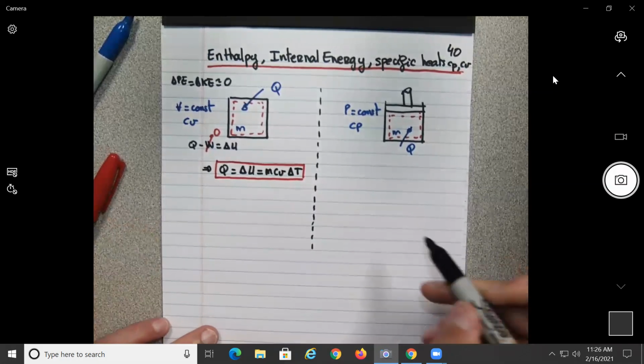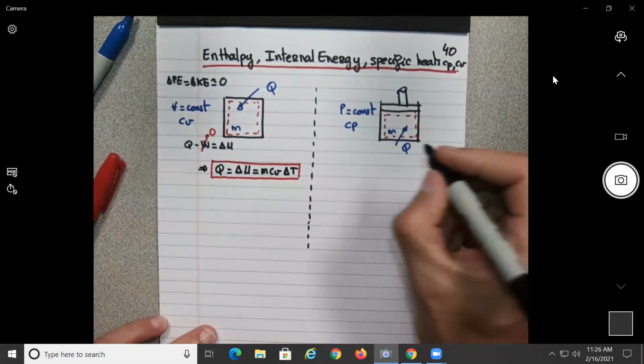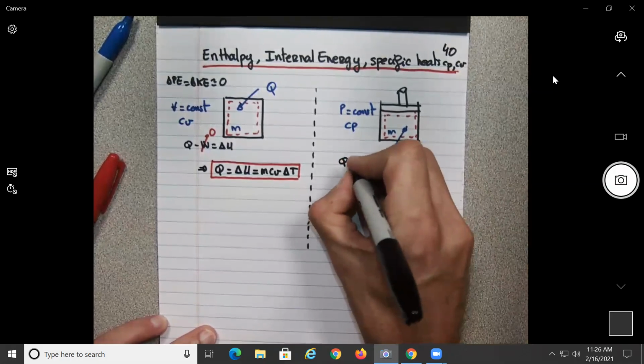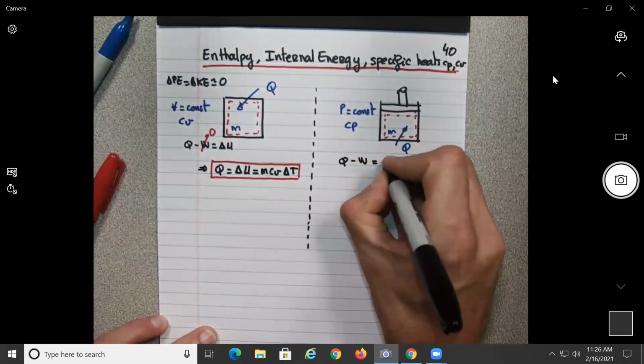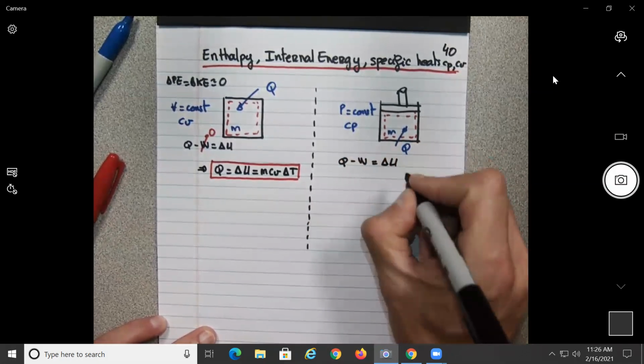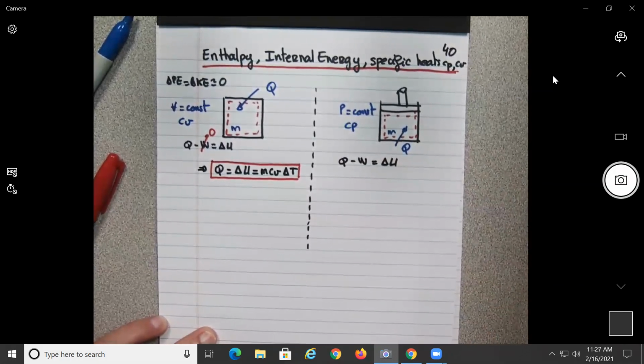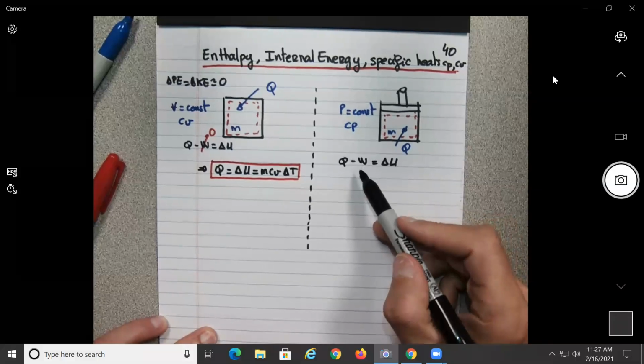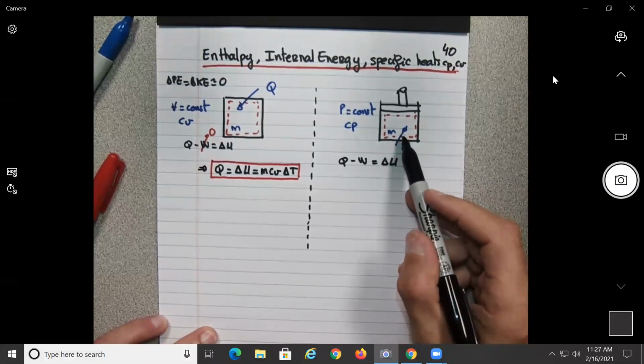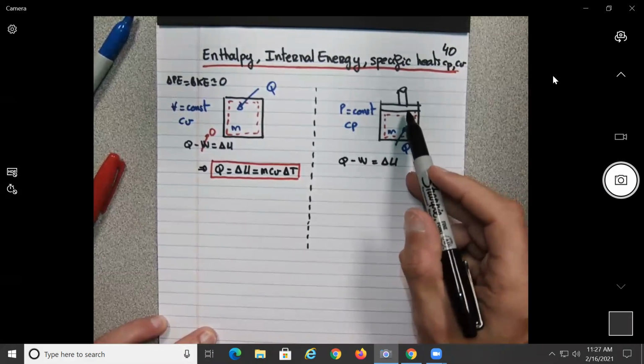Now let us do the same thing for the piston. So for the piston, we have the first principle of thermodynamics, Q minus work equal again to change in internal energy. So now, is there any work done in the system? Yes, the piston is doing work, no?